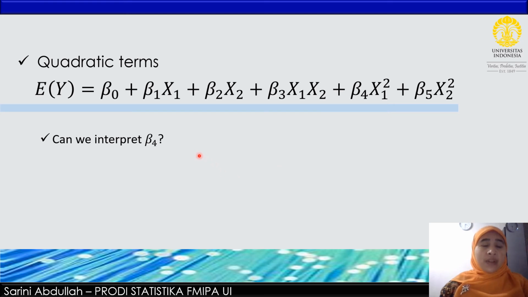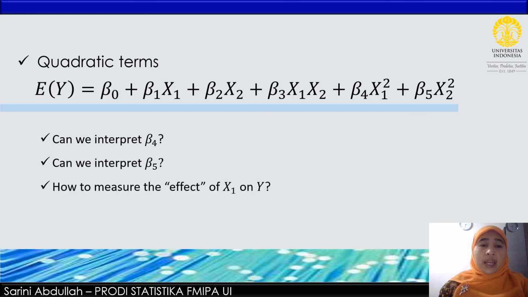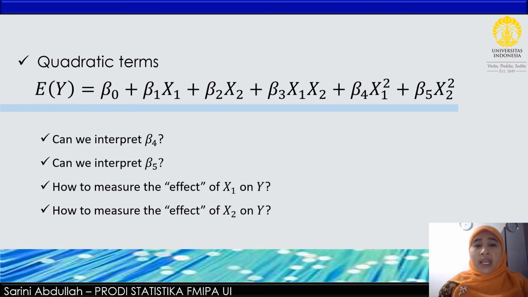So here we have the questions: can we interpret beta 4? Can we interpret beta 5? And how do we measure the effect of x1 on y, and likewise the effect of x2 on y? To answer these questions, you just need to do substitution, like what has been demonstrated before.